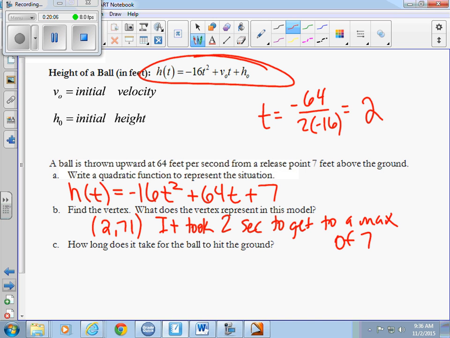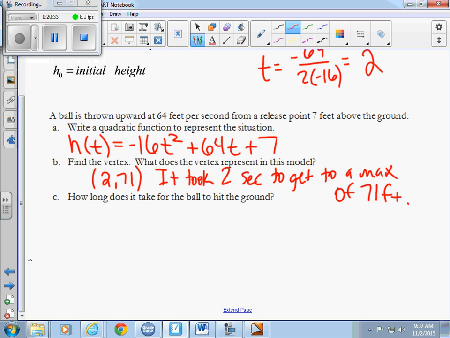As far as the wording of the sentence, you could word it a lot of different ways. How long does it take for the ball to hit the ground? What am I going to try to do there? X-intercepts. So the ball falls to the height of 0, right, would be when it hits the ground.